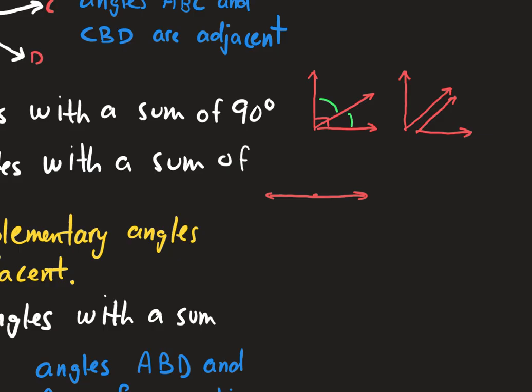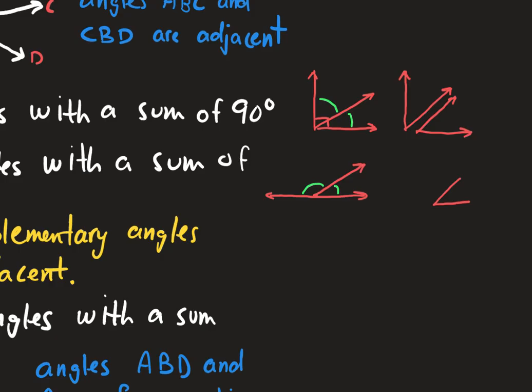And here I might split them up something like this. And here are a pair of supplementary angles. So we have one angle here and the other angle here. And together they form a straight line because one starts here and then the other one continues the rest of the straight line.